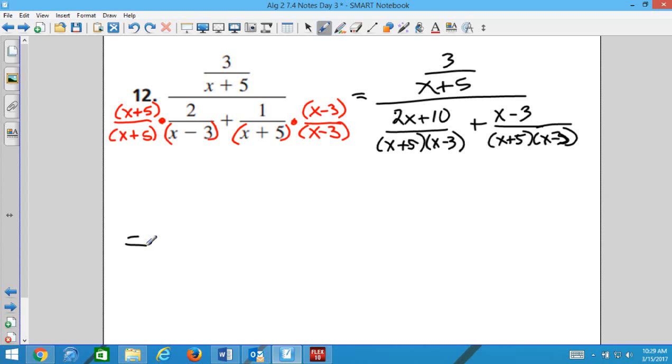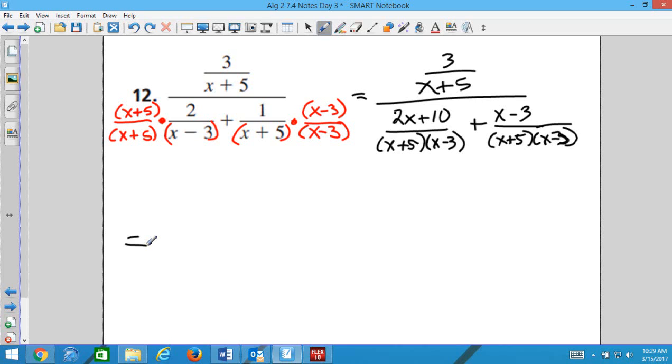What do I need to do at this point? I don't want to cancel yet. I need to add. That's what I'm doing here, so I have to. Why wouldn't we cancel the x minus 3? Because I wouldn't be able to add that. If I cancel it out, I don't have like denominators anymore.